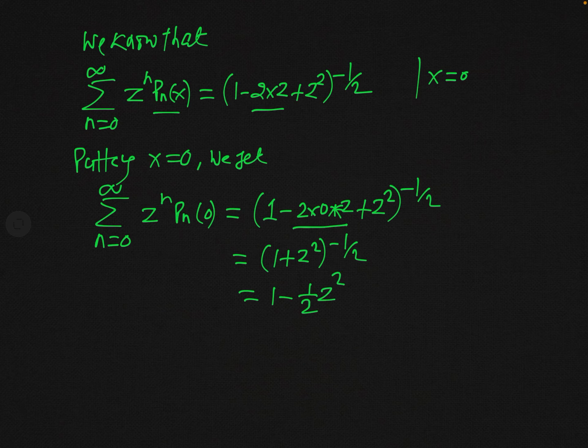When you make the binomial expansion, you know this will be 1 minus 1 over 2 z square plus 1 into 3 over 2 into 4 z to the power 4 minus, and so on.